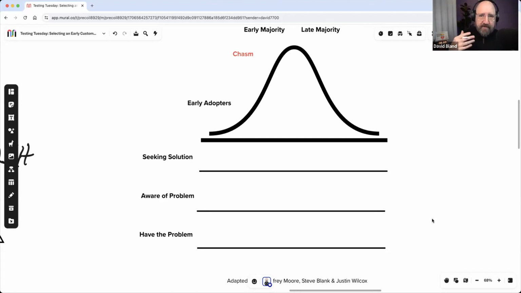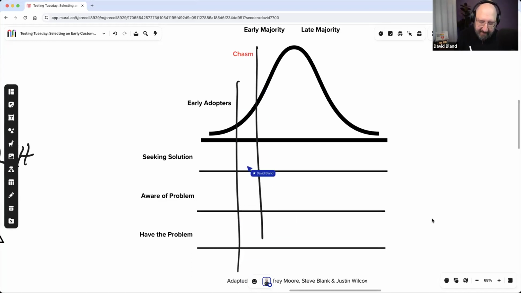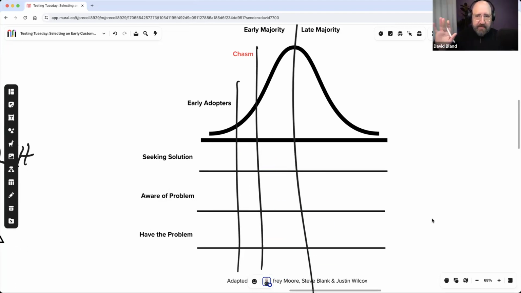One of the things I picked up from Justin was, how do we start educating people on, well, this is kind of your tip of the spear, but how do you get to other customers, other markets? What does that look like from a volume point of view? And I really like this mashup with Crossing the Chasm from Geoffrey Moore. Some of you have probably seen variations of this, but basically you kind of have, and I'm not even going to go through a deep dive of Crossing the Chasm.